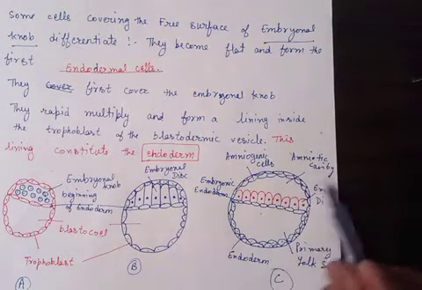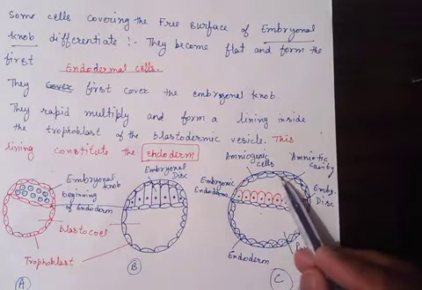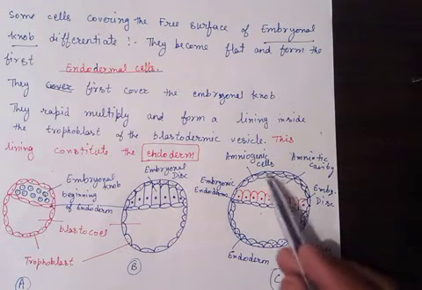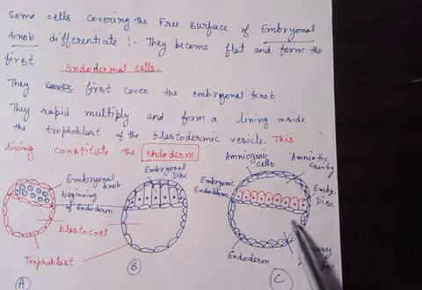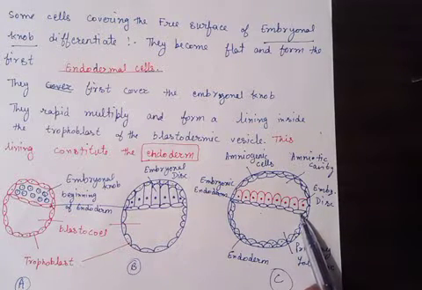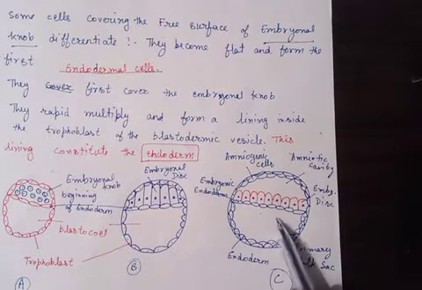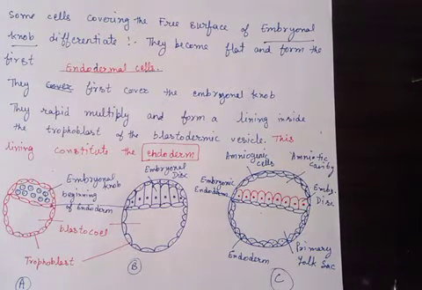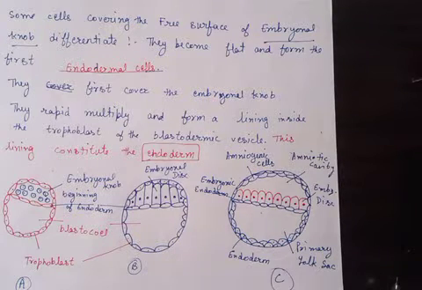This cavity is known as the amniotic cavity, and the cells which form this layer are called amniogenic cells. Between the endoderm and the trophoblast, the cavity is known as the primary yolk sac, but the primary yolk sac does not have any yolk. It contains food for nourishment.